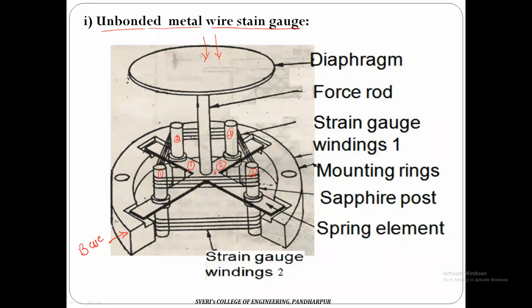And once the compression and tension are experienced by this wire, which is unbonded anywhere, its dimensions are going to change. It means that its length and cross-sectional area will change. And once the dimension of that wire changes, definitely the resistance of the wire changes, and this change in resistance we can measure directly in the form of applied force.